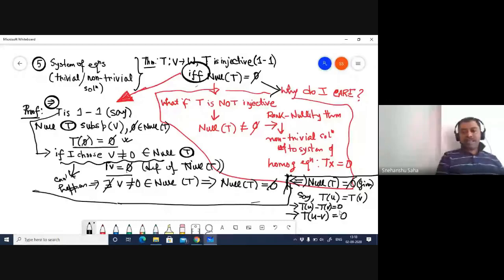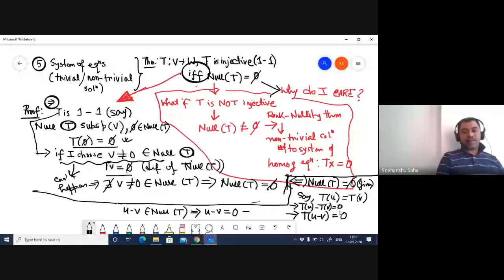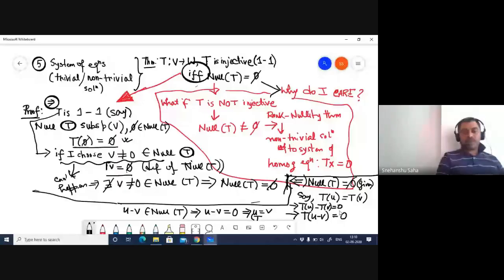Therefore, this implies that U minus V belongs to null of T. This is the definition of the null space. We also know that null of T equal to 0, so the only thing U minus V can be equal to is 0, which implies U equal to V, and that implies that T is 1-to-1.